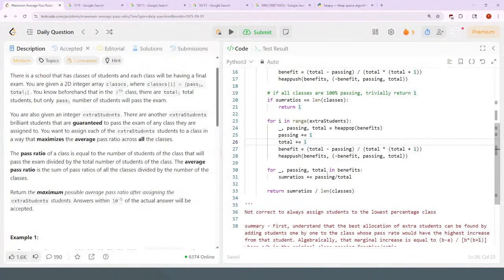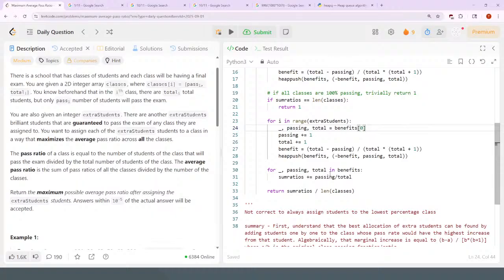because a heap is a data structure where you benefit from keeping the same size, so that it doesn't really change the binary tree that's behind it. So I don't want to do a heap pop here, or I don't think I do. So I think I just want to do benefits at 0, which is going to be the top of the heap.